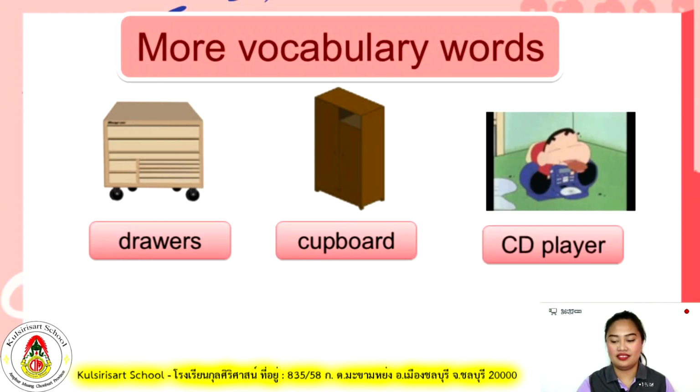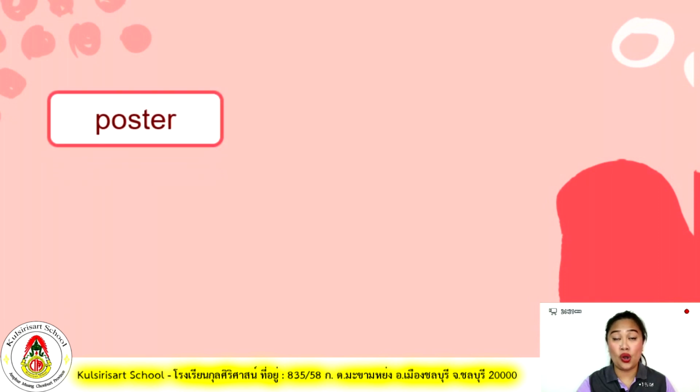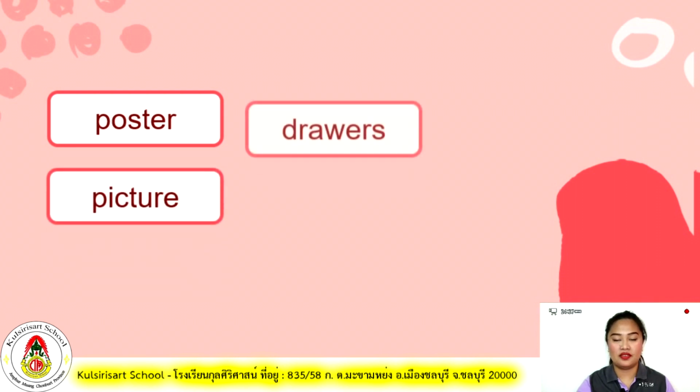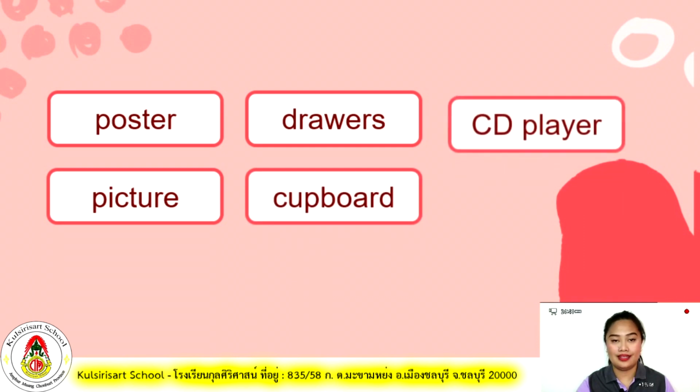CD player. Okay, let's review all the vocabulary words we have here. Poster, picture, drawers, cupboard, and CD player. One more time. Say poster, picture, drawers, cupboard, and CD player.